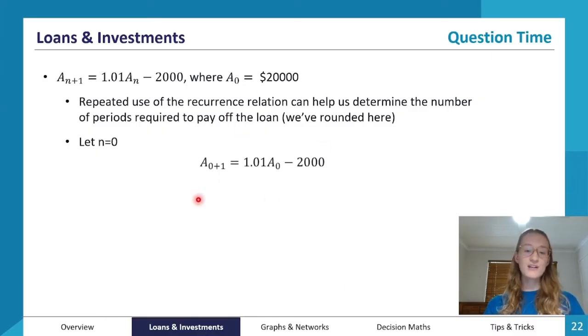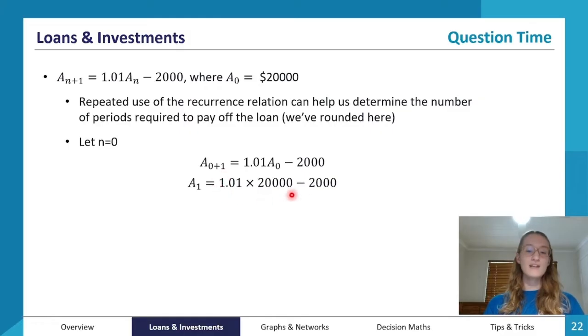You substitute into the formula: 0 plus 1, A1 equals 1.01 multiplied by A0, take 2,000. And that makes total sense, because what we're saying here is that A1, the amount after one time period, the amount after 1 month, is equal to our growth factor multiplied by the original amount.